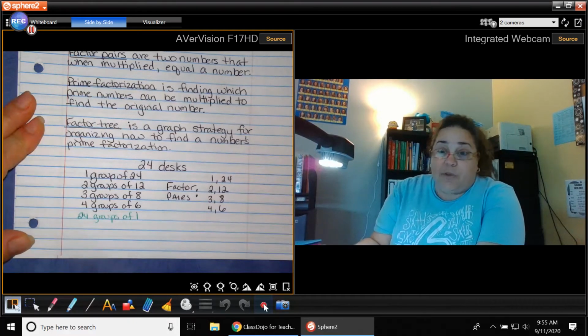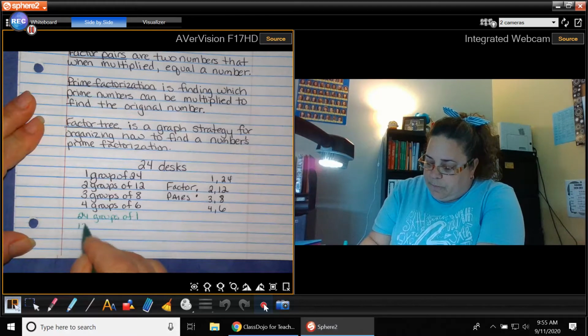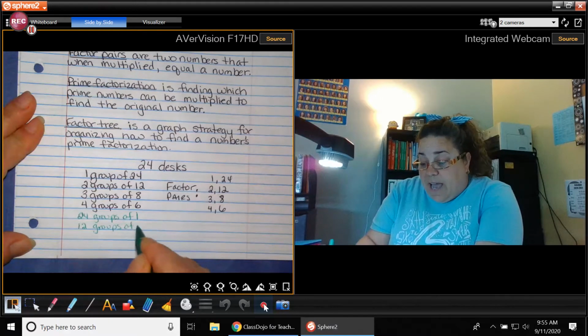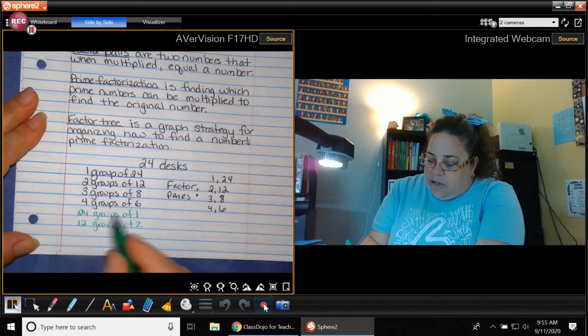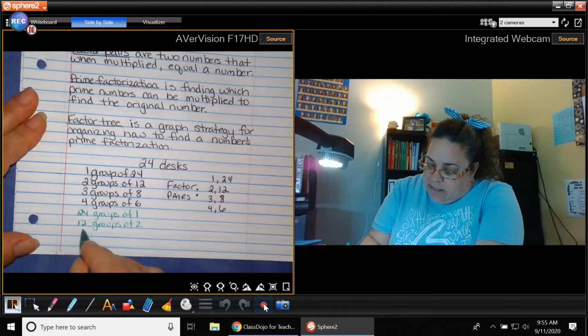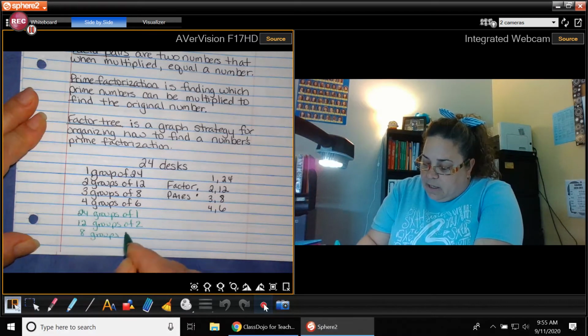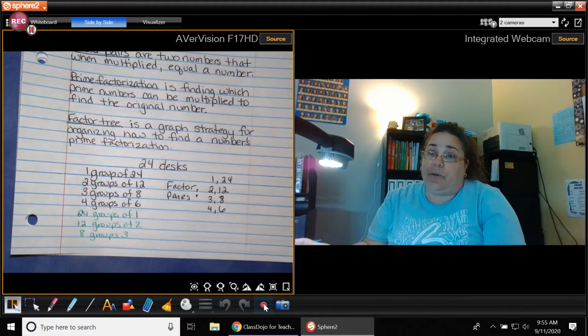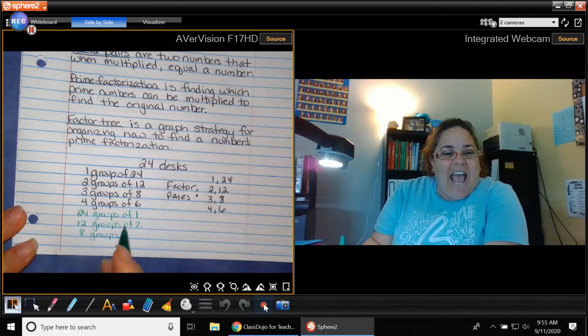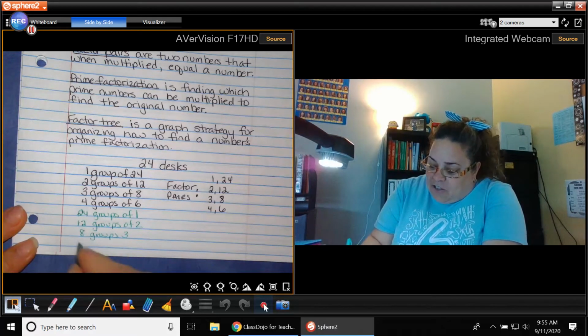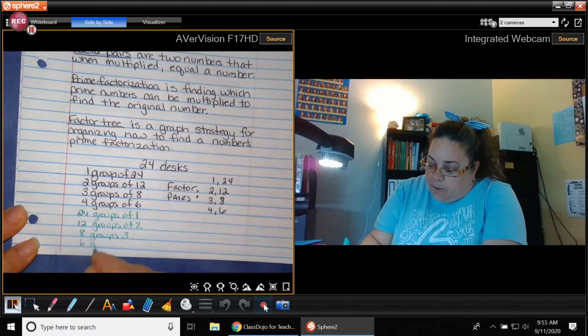I could also have 12 groups of 2, which is usually how I set up my classroom. I usually do groups of 2. I could have 8 groups of 3, which I would like better than groups of 2, but we have these weird triangle desks. And I could also do 6 groups of 4.